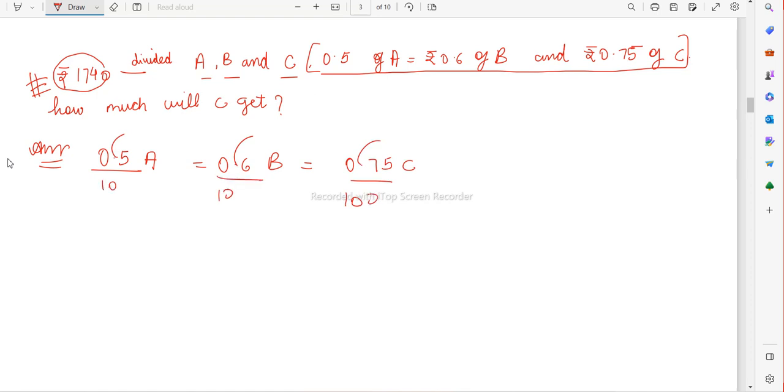By cancelling, I'll get 1 by 2 of A is equal to 6 by 10 of B is equal to 3 by 4 of C.